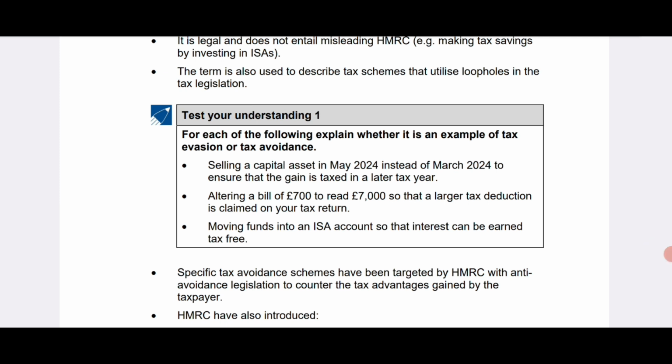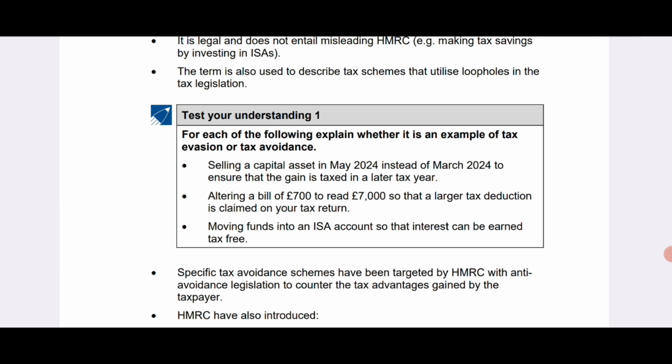Okay, students. For each of the following, explain whether it is an example of tax evasion or tax avoidance. They are saying: selling a capital asset in May 2024 instead of March 2024 to ensure that the gain is taxed in a later tax year. As you are aware about taxation, the tax period is April to March.